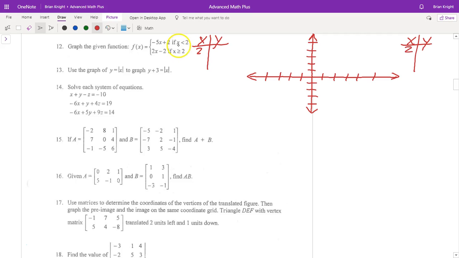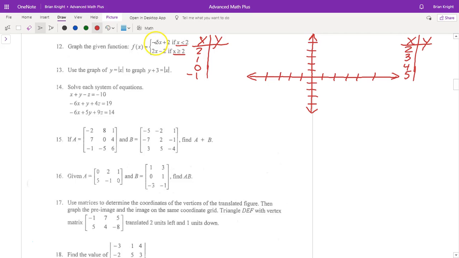So it says to do less than 2 first. So what's less than 2? 1, 0, -1. It's up to you how many you want to do, okay? The second one is greater than or equal to 2, so we'll do 2, 3, 4, and 5, okay? For this first table, where am I plugging these numbers in? Top or bottom equation? Top. The top.